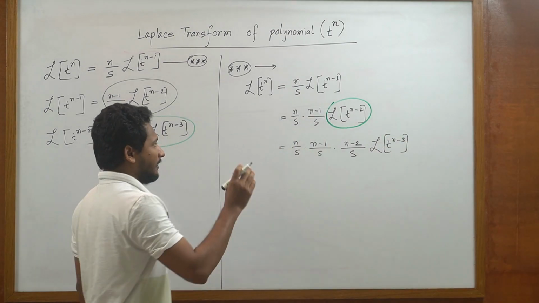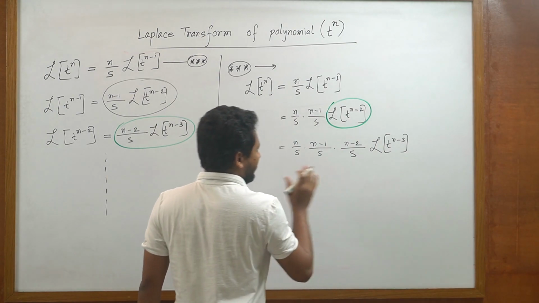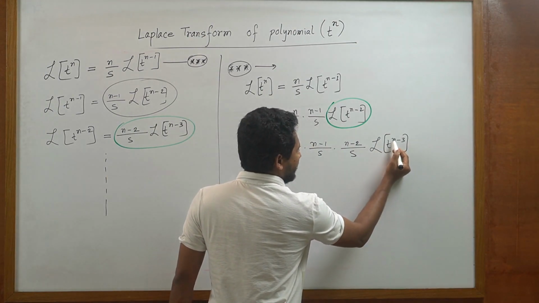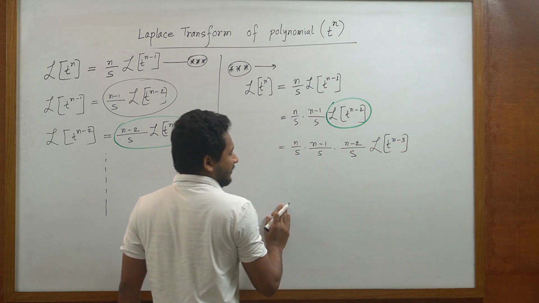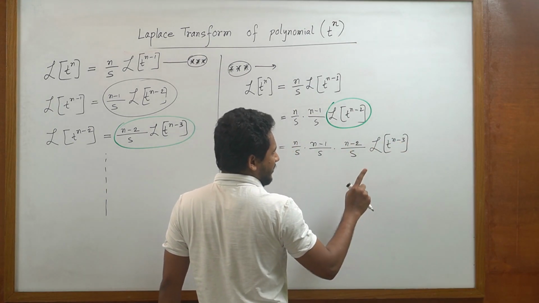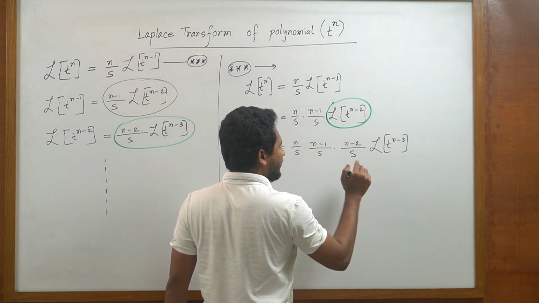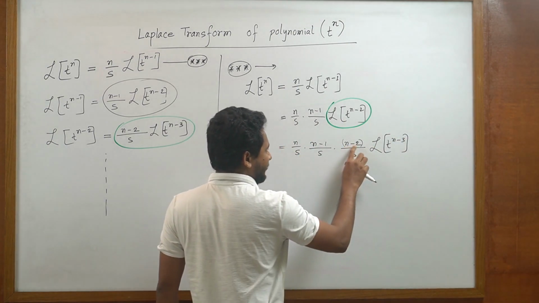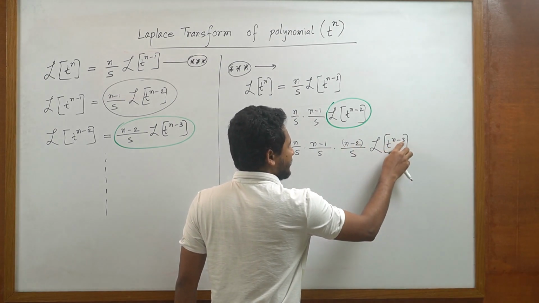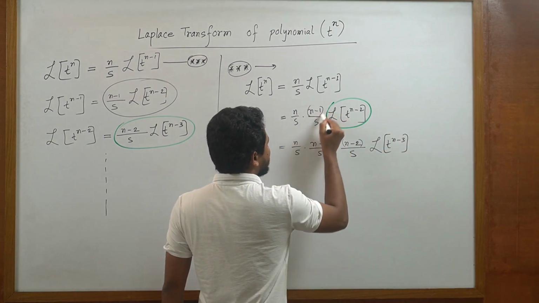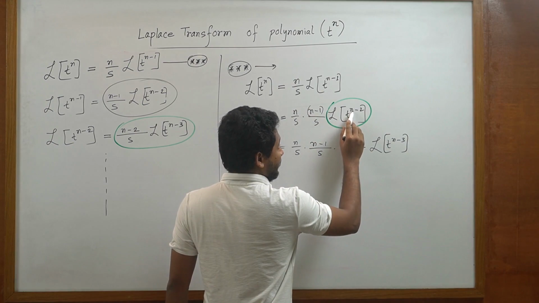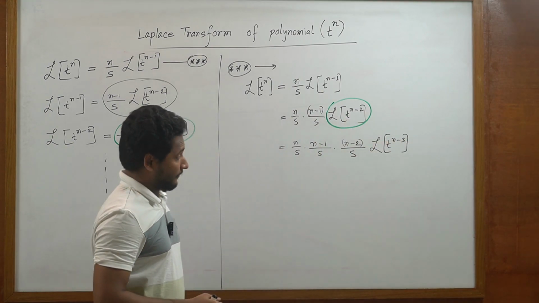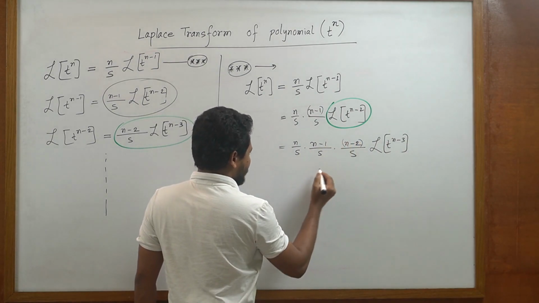Okay. Now take a point that the power of t is 1 less than the last factor. Here the last factor is n minus 2 and the power of t is n minus 3. Here the last factor is n minus 1, the power of t is n minus 2. So the power of t is 1 less than the last factor.